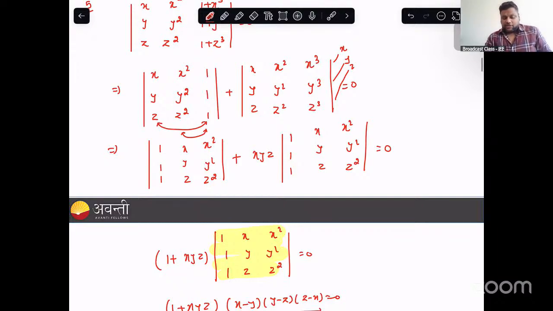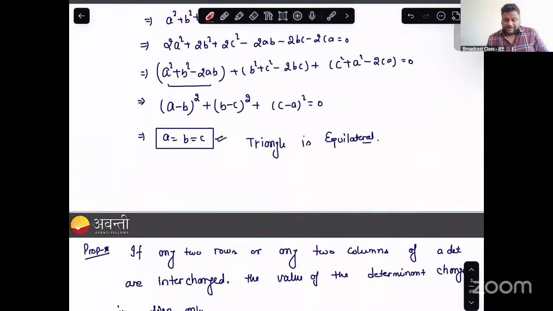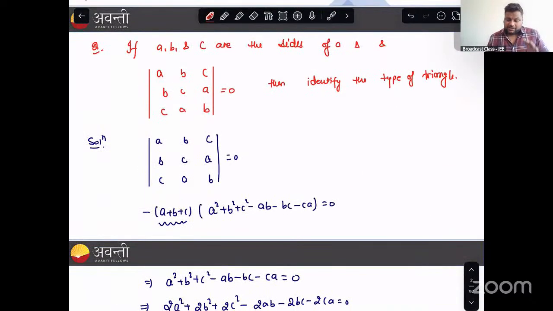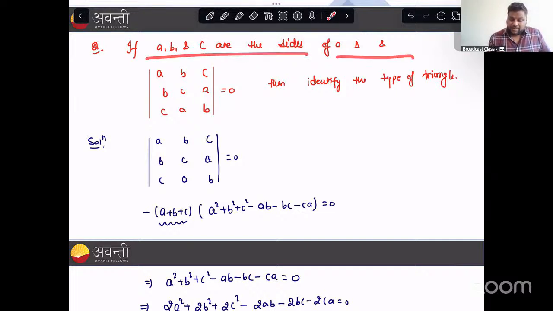Now, just a recall of today's lecture. Mostly we have done examples today because the maximum theory was already covered yesterday. So the first question was dependent on yesterday's theory: if a, b, c are sides of a triangle and this is 0, then identify the type of triangle. Here, there were 3 things to learn.